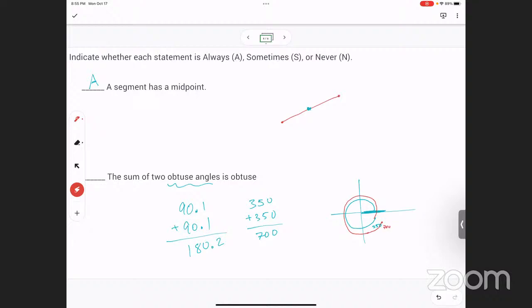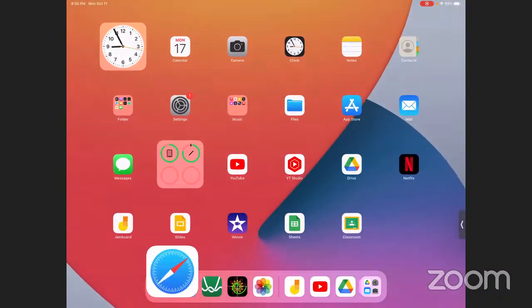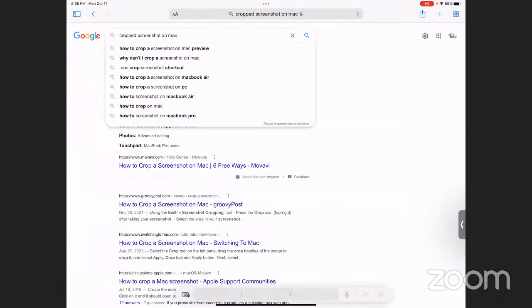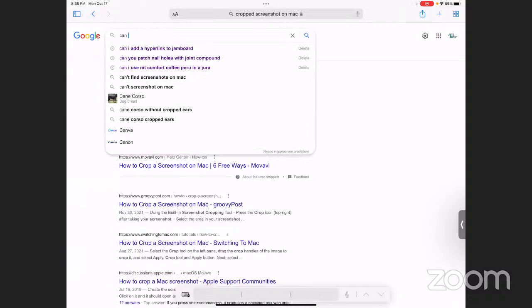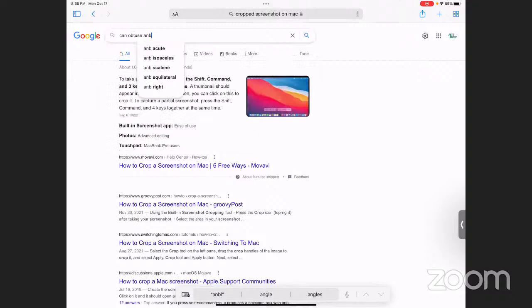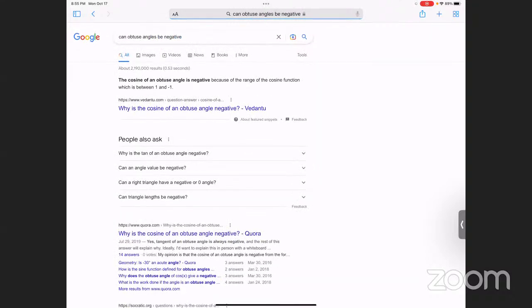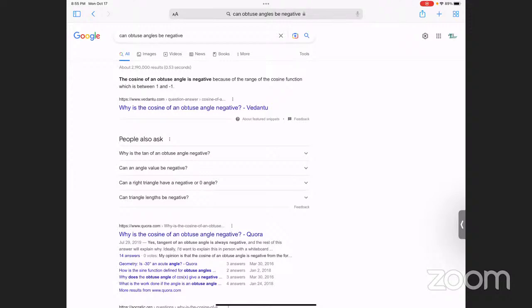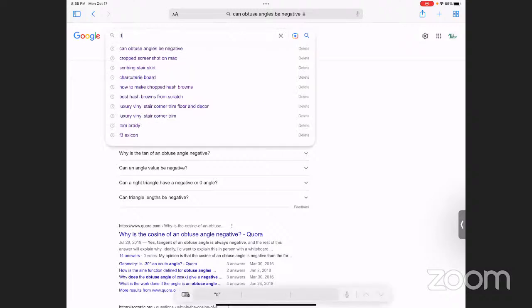What kind of angles are we referring to here? I would need to see your definition of an obtuse angle. So let me do a little quick search here. Okay, let's just do definition of obtuse.